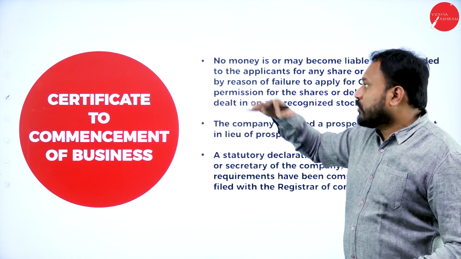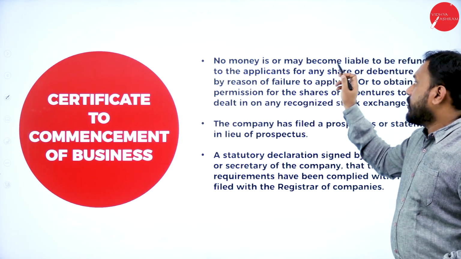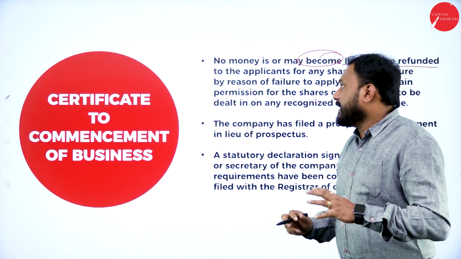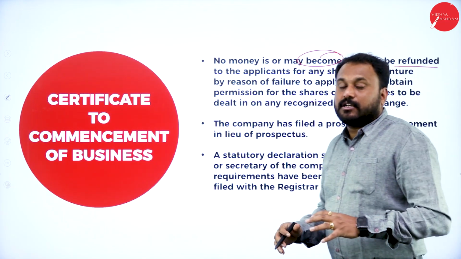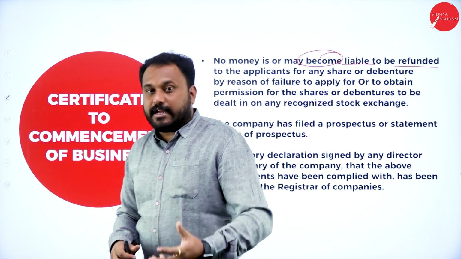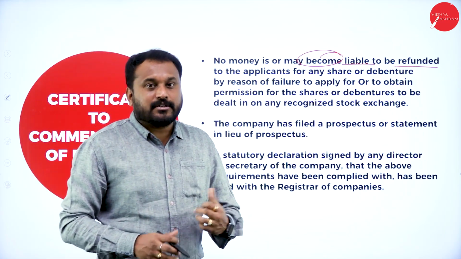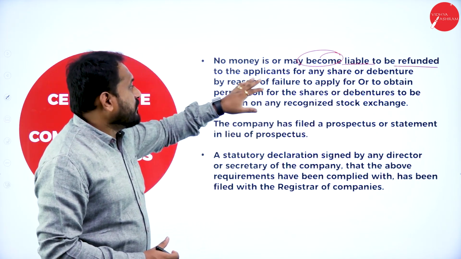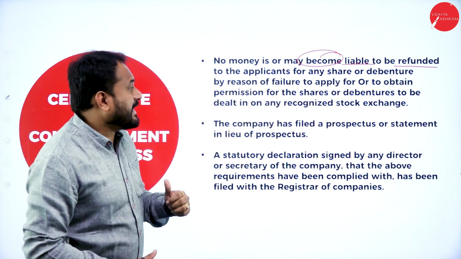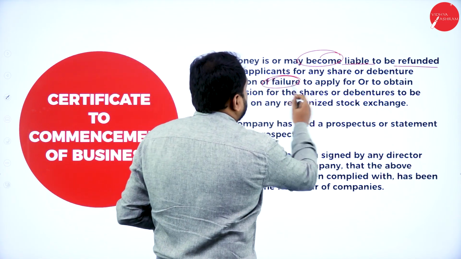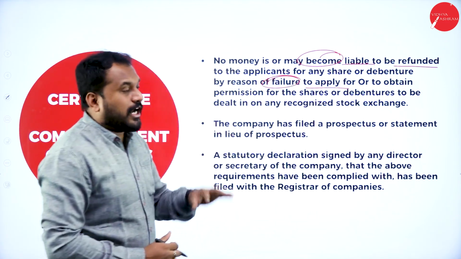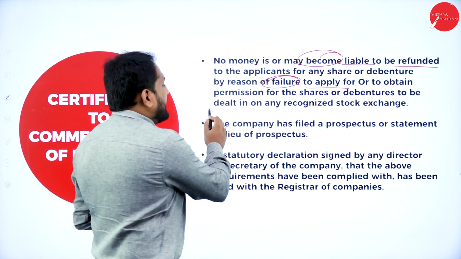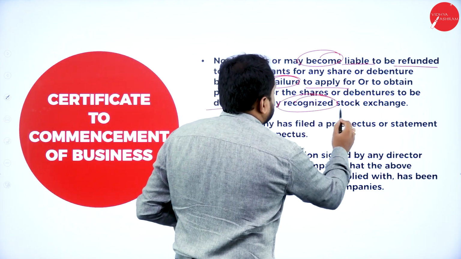So if you go with more of it, no money is or becomes liable to be refunded to the applicants. Now when you are paying in money and you are taking in cash, there is no liability for any share or debenture by reason of failure to apply for or to obtain permission for the shares or debentures to be dealt in any recognized stock exchange.